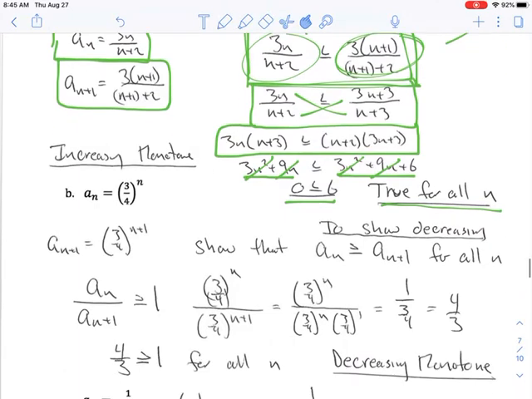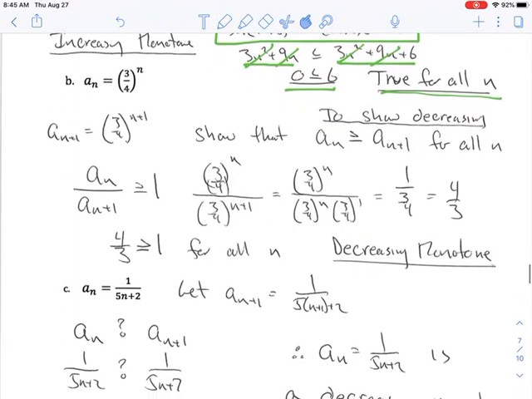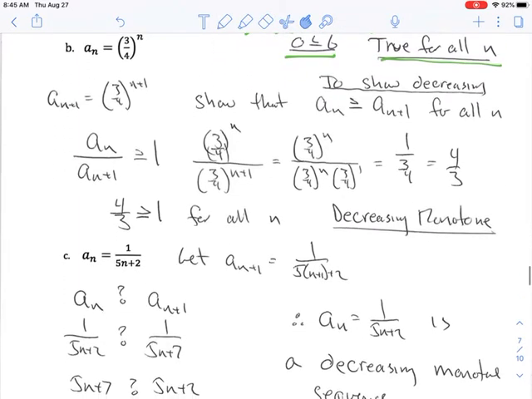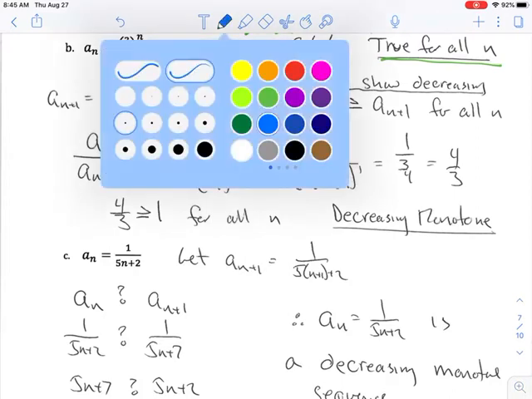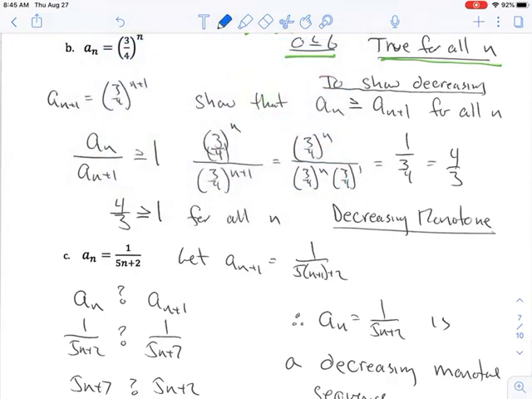Next example, same logic. So we have 3/4 to the n power. So what we want to do is show that it's decreasing.